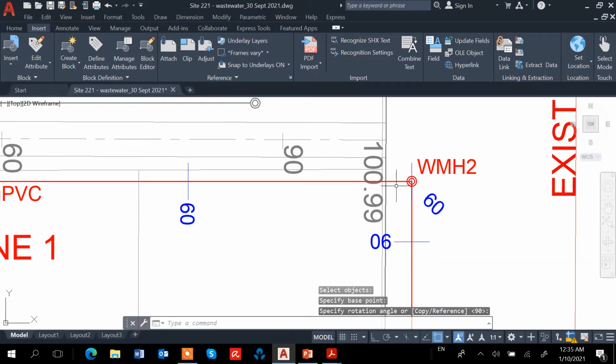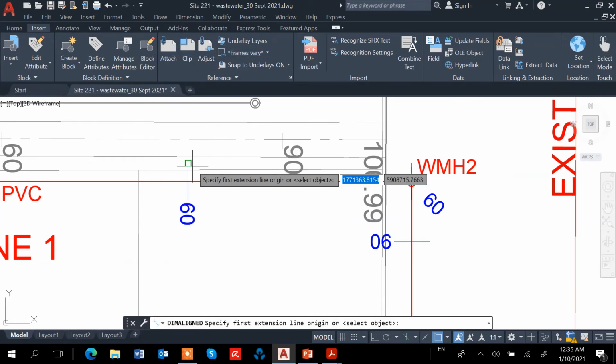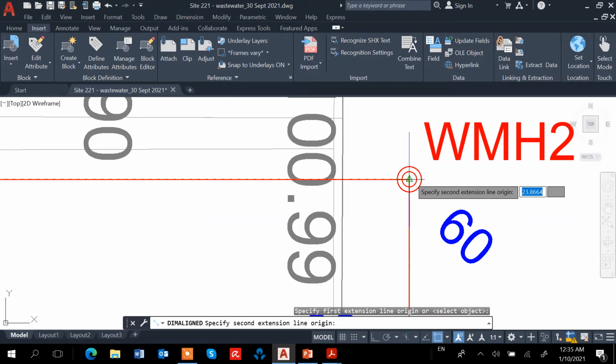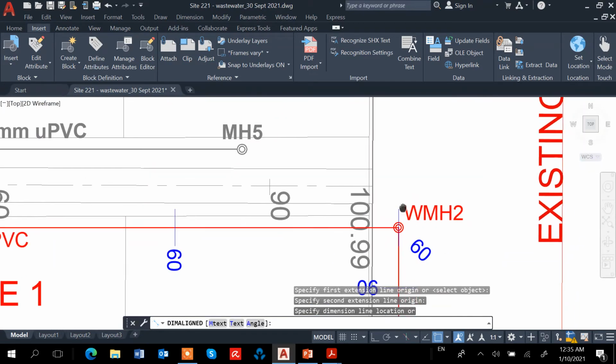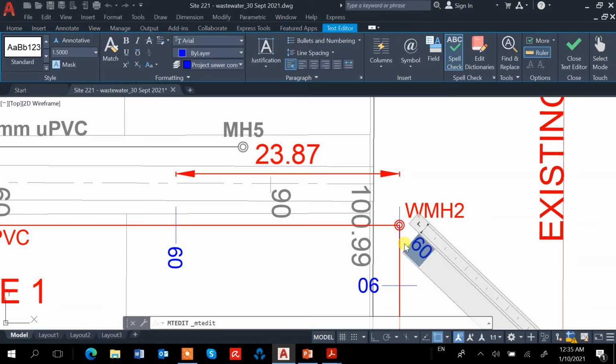So I need to find out what's the chainage. So what I can do is just measure distance, I think align. So 73.87. 73.87 plus 60 will be 133.87. 133.87.